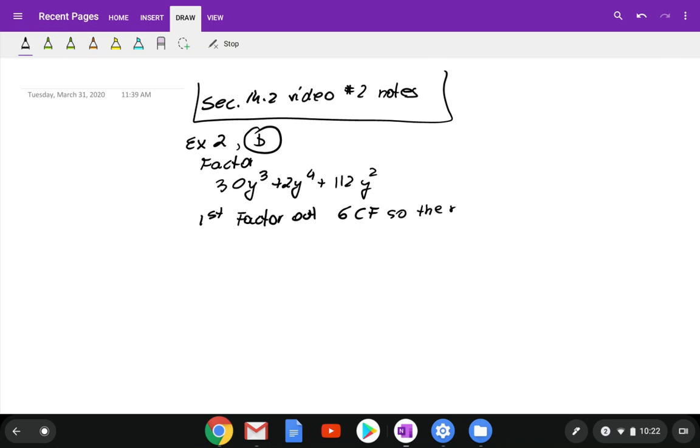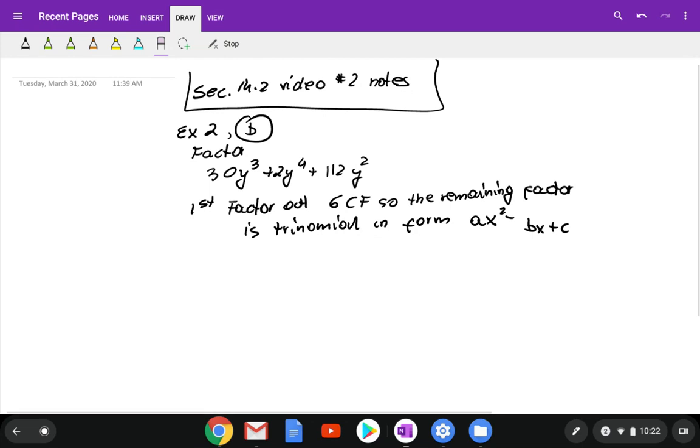The remaining factor after you factor out the GCF is a trinomial in the form ax squared plus bx plus c.